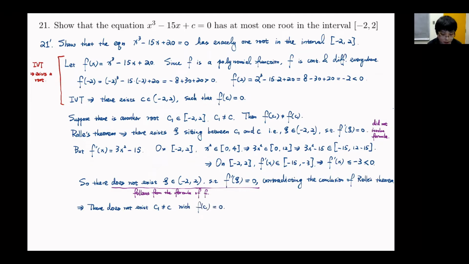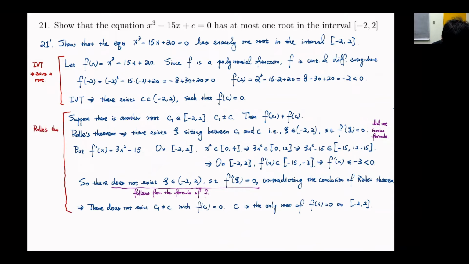So this way we see that C is the only root of f of x equals 0 on -2 and 2. All right, so this is basically the proof. What we did here is to use Rolle's theorem to argue that there is uniqueness. Okay, so this concludes the discussion of number 21 prime.